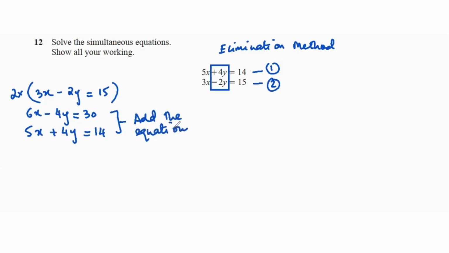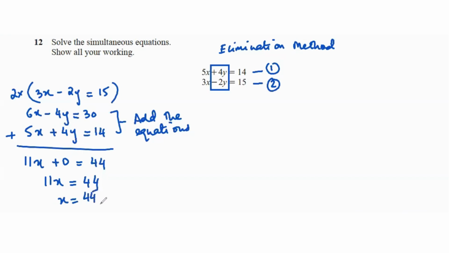So when we add the equations, 6x plus 5x is 11x, minus 4y plus 4y is 0, and 30 plus 14 is 44. So 11x equals 44, and x equals 44 divided by 11, which is 4.